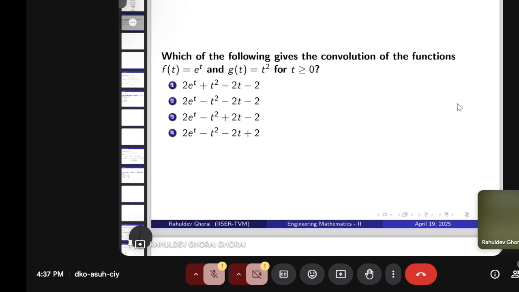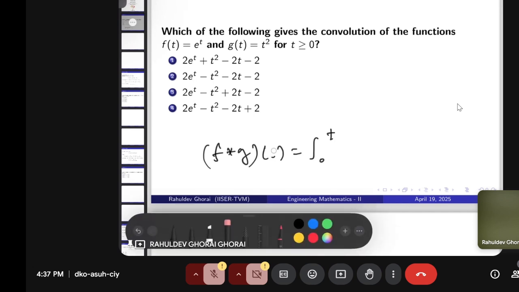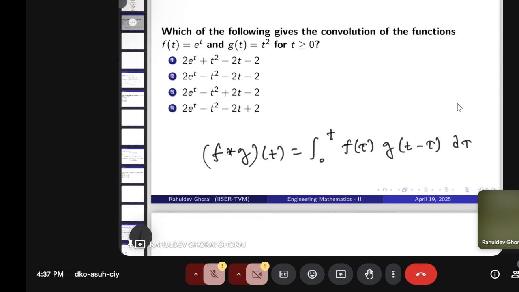Okay, so we'll start. As I said, f star g at t you can write as the integration from 0 to t of f(tau) g(t minus tau) d tau, right?